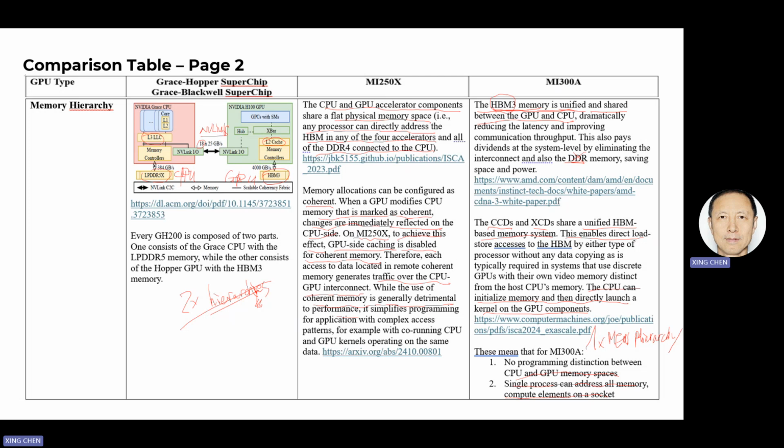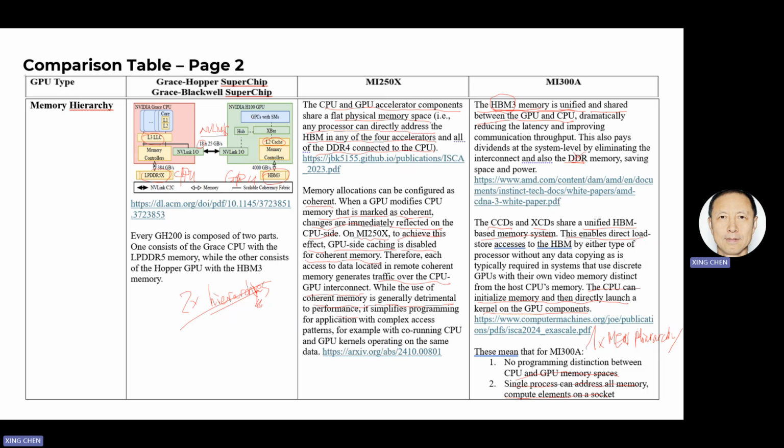So the last word about the GraceHopper and the Grace Blackwell: we have also a very important technical evolution. Even though it's still PCIe equipment, it has been enhanced. The GPU has cache coherency with the CPU, and the GPU and the CPU's virtual address space has been unified. From the programmer's point of view, if you don't want to distinguish the two kinds of memories, you don't need to.